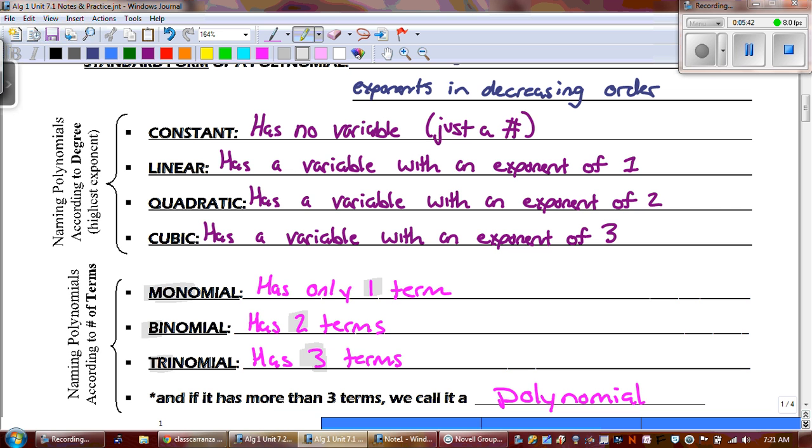And remember that the number of terms are separated by addition and subtraction.